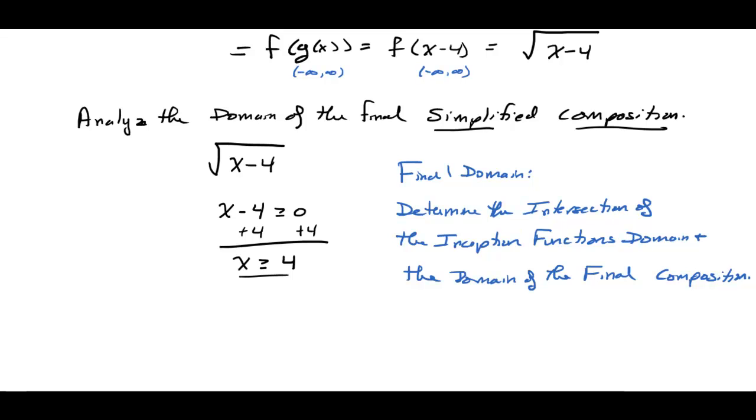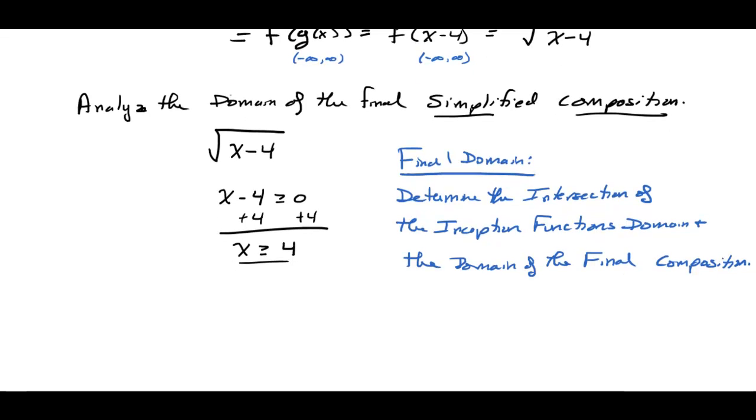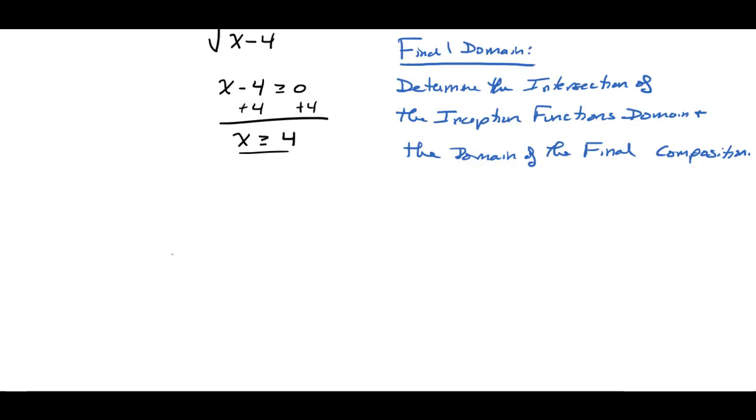So let's go ahead and look at this. We need to determine where the inception function's domain, which I love, is negative infinity to positive infinity. So where does negative infinity to positive infinity intersect? Intersect is known as the upside down U. Where does that intersect with x must be greater than or equal to 4, which is the same thing as writing 4 to infinity inclusive?